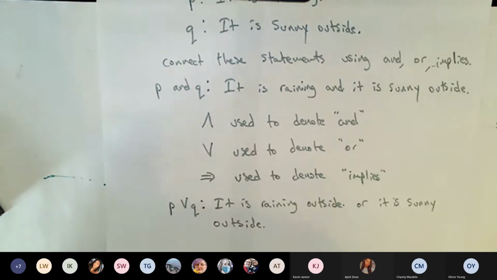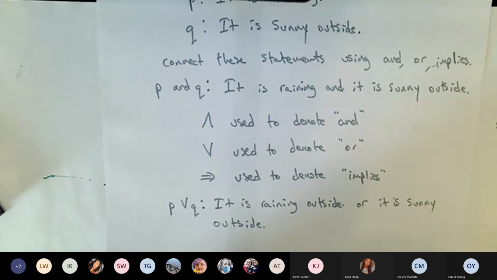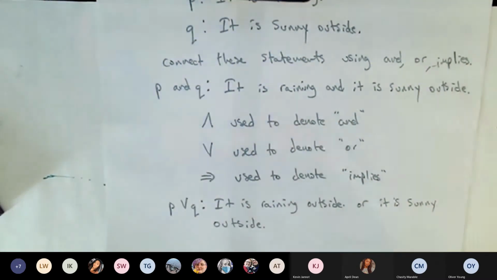all right. Example 3 in the text says using logic symbols for compound statements involving and. Example 4 is for or, and example 5 is for implications. I'm going to skip examples 3 and 4 because, again, I feel like they're pretty straightforward.